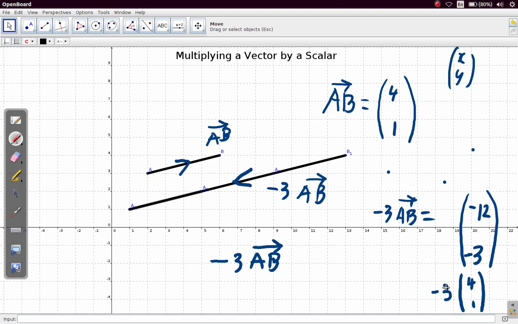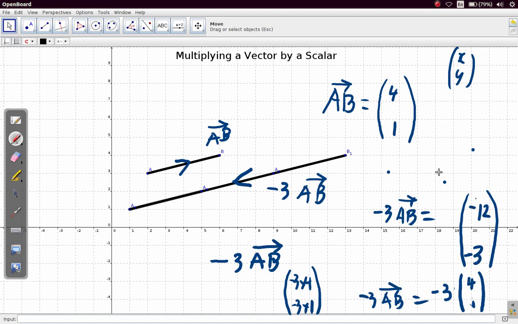Do you notice that negative 3AB is equal to negative 3 multiplied by (4, 1)? So negative 3 times 4 gives you negative 12, and negative 3 times 1 gives you negative 3. Because it really amounts to negative 3 times 4 up top here and negative 3 times 1 down here, to get (negative 12, negative 3).